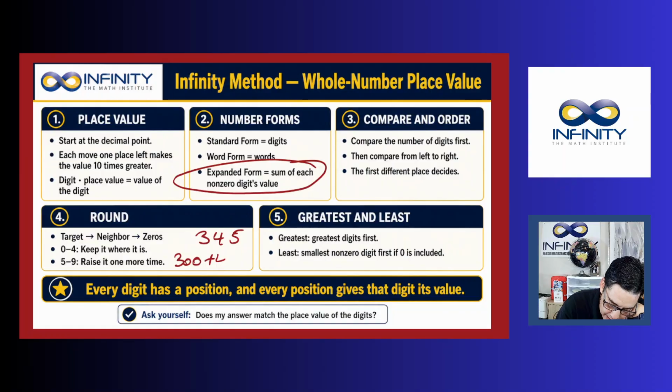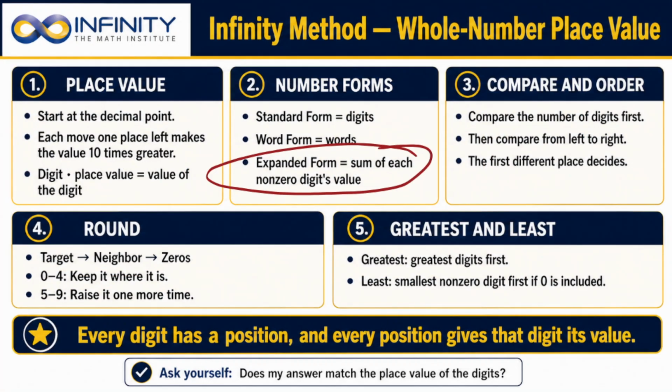And then, as we get into comparing digits, remember if the arrow points to the left, it's less than. And if the arrow points to the right, it's greater than. And then rounding numbers, you've got to look at the target, the neighbor, decide if you round up or down, and then fill the rest in with zeros.